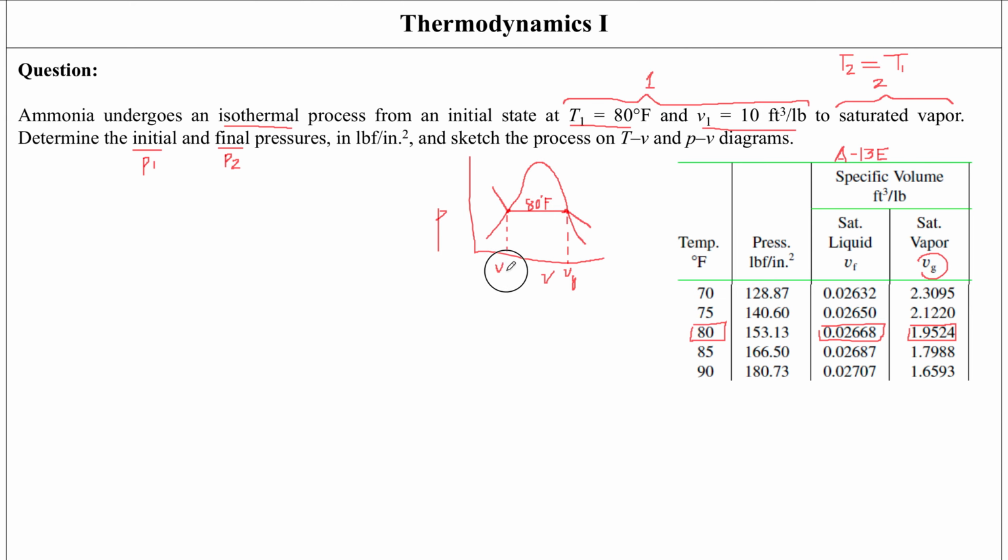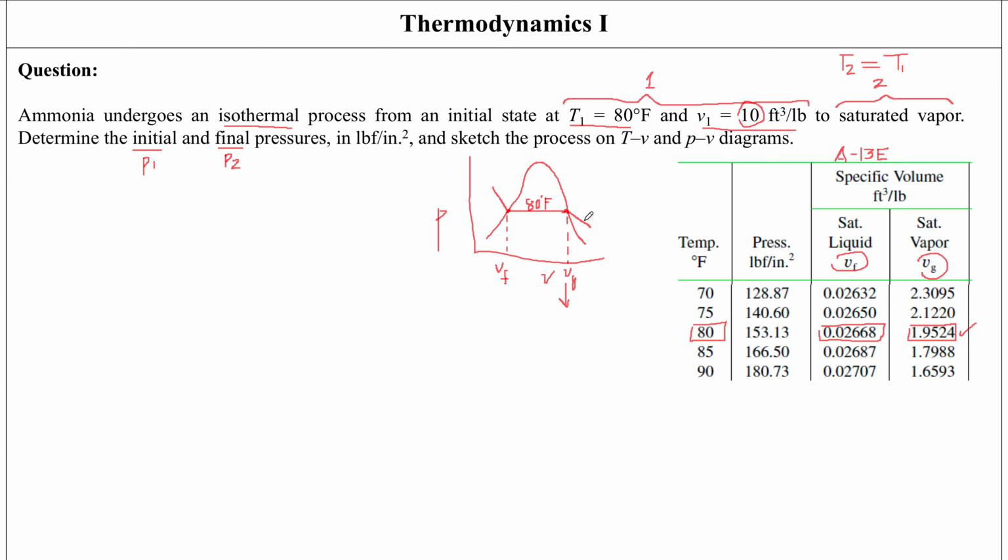So you've got Vf over here from the table. Okay. But what is given to you is that the temperature is 80 Fahrenheit, but the specific volume is 10 feet cube per pound. What that means is, Vg's value is 1.9524. But your ammonia has a specific volume of 10 feet cube per pound.